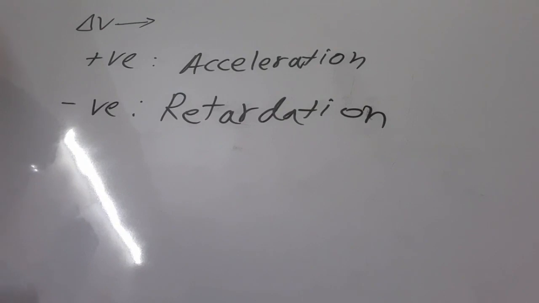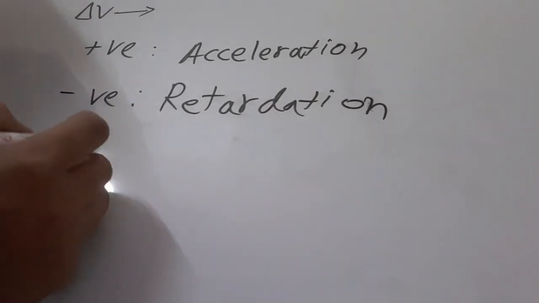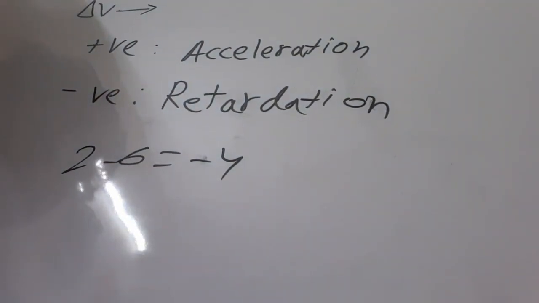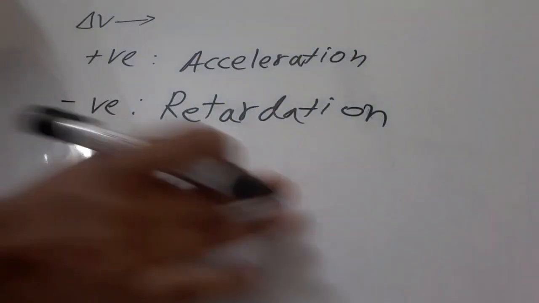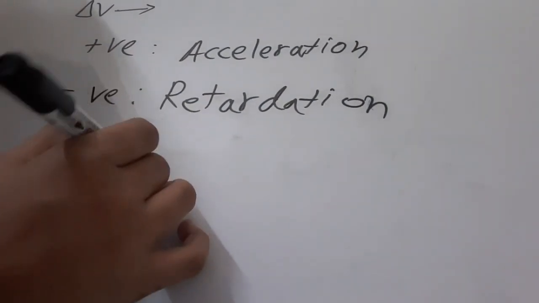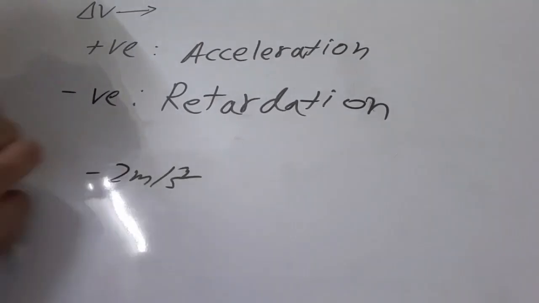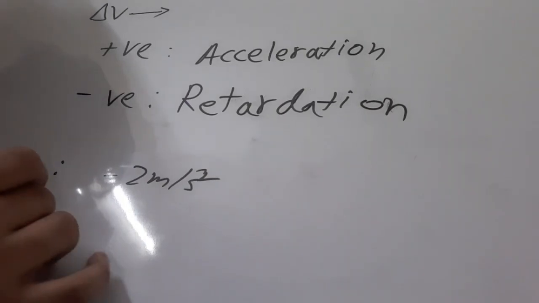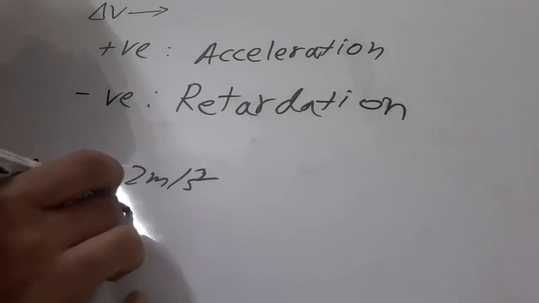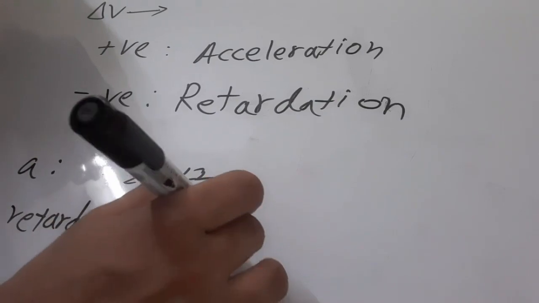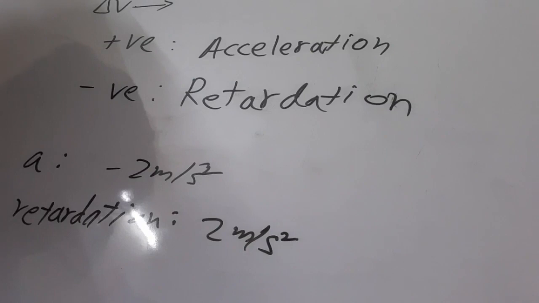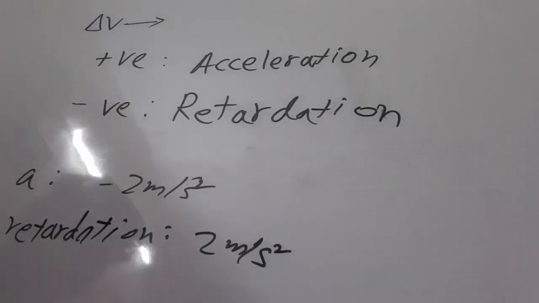The change in velocity is negative because 2 minus 6 is equal to minus 4. So the acceleration was minus 2 meters per second squared, or the retardation was 2 meters per second squared. Retardation is just the negative of acceleration. Retardation is slowing down and acceleration is speeding up.